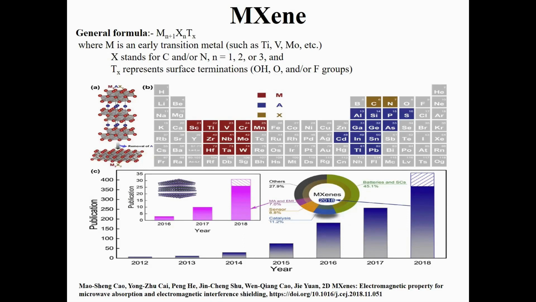So, a little bit about our material. I'm using MXene. MXene's general formula is M(n+1)X(n)T(x), where M represents transition metals and X stands for carbide or nitrides.